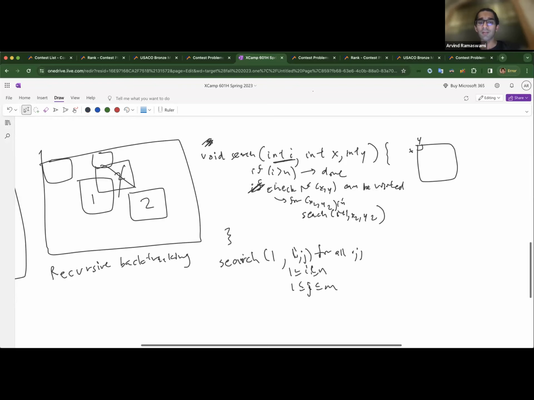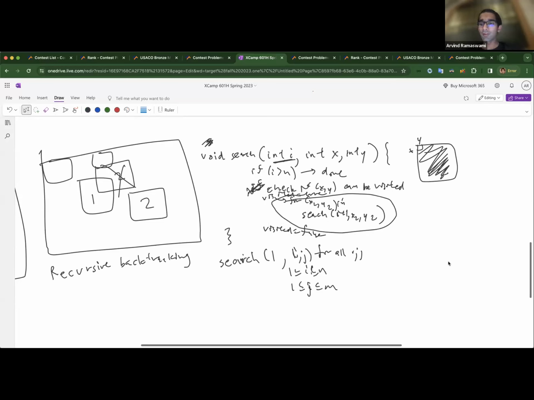If this can be visited, then you set visited equals true for everything corresponding to the square, and then you search possible places to place your next square, and then you set visited equals false for everything in your current square.